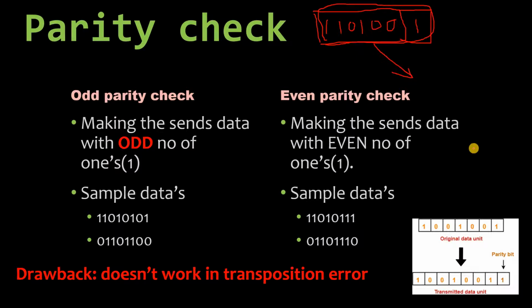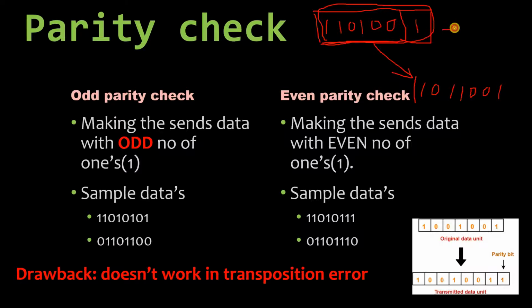Now the receiver is receiving like this: 1, 0, 1, 1, 0, 0, 1. So now my question is, the sender transmitted this data with this parity bit. How many ones?